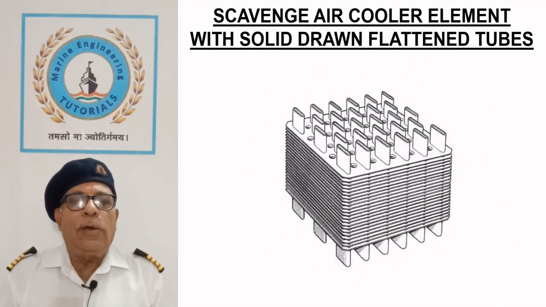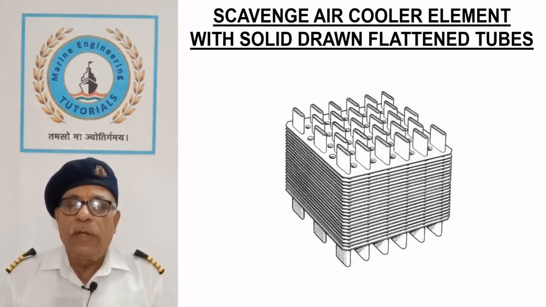Scavenger Air Cooler element with solid drawn flattened tubes. The sketch shows a Scavenger Air Cooler element with solid drawn tubes having semi-flattened cross-section, which are occasionally used and preferred over tubes of circular cross-section.